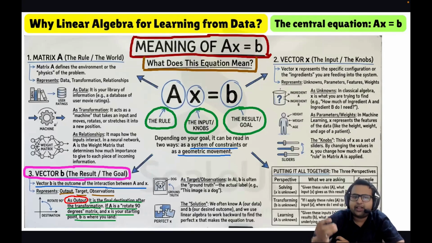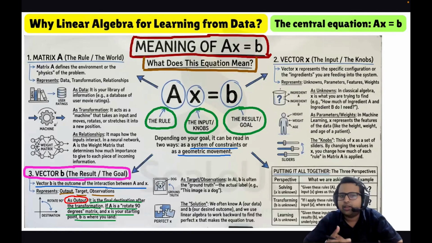So vector b can represent output, the result of the interaction between A and x. Similarly, vector b can represent target or observations. In artificial intelligence, vector b is often the ground truth, the actual label.